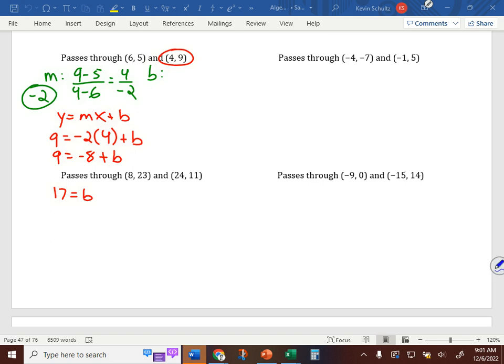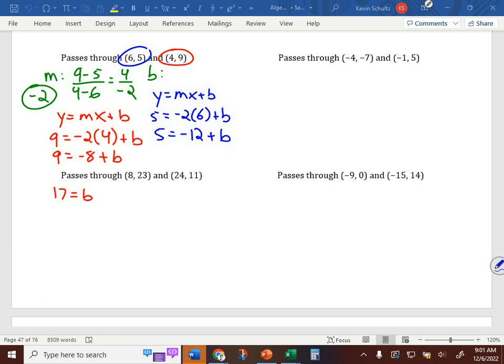What if Ryan had chosen this one? Still going to slope-intercept form. This time our y value is 5. Our slope is still -2. Our x is 6. And we're solving for b. 5 = -12 + b.